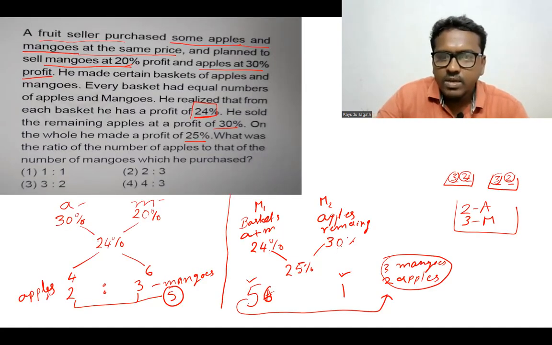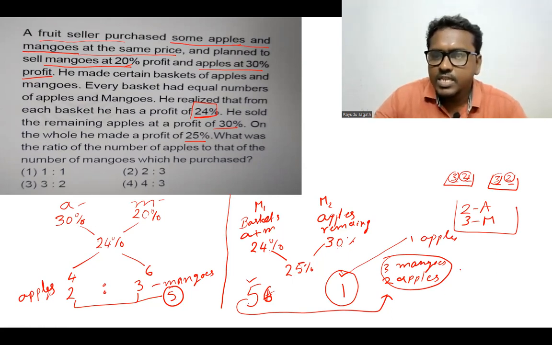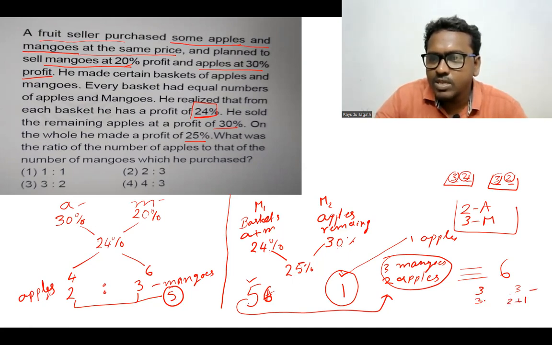This one is purely apples. So if you add all these, 5 plus 1 is equal to 6. In that 6, there are 3 mangoes and 3 apples, the 3 apples being 2 plus 1: 1 remaining, and 2 mixed in the basket, and 3 mangoes in the basket.